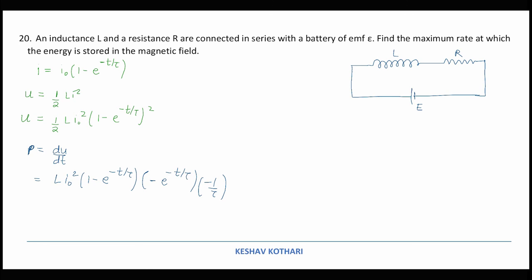So this is going to be the power equation on differentiating this expression, and we can write it as P is equal to L I naught square by tau (e to the power minus t by tau minus e to the power minus 2t by tau). So this is the expression for power that we have.